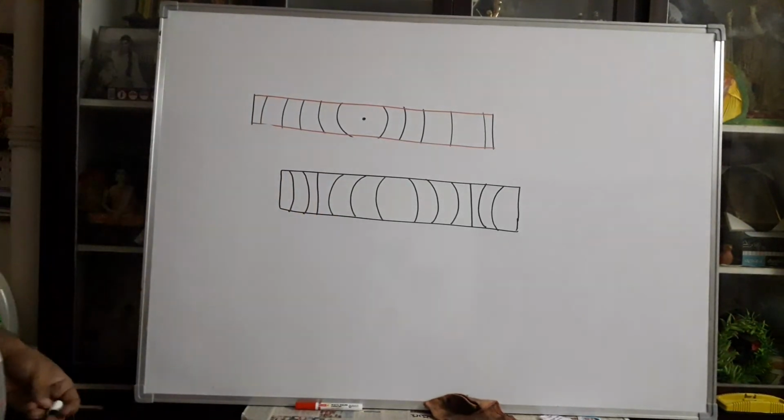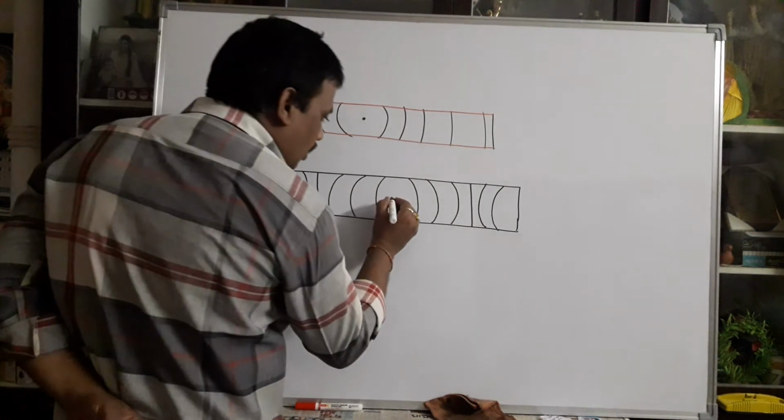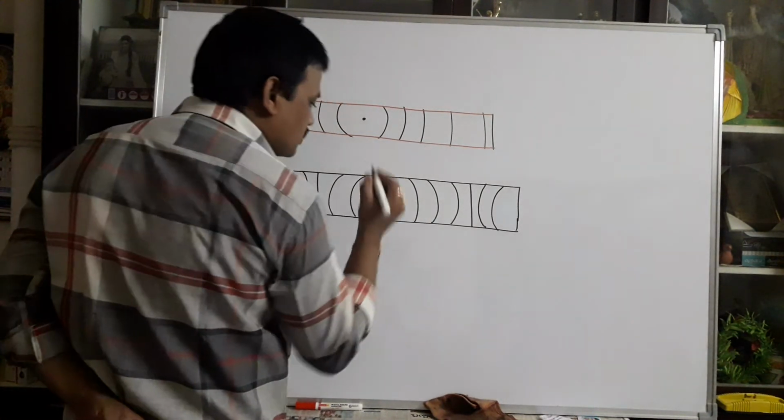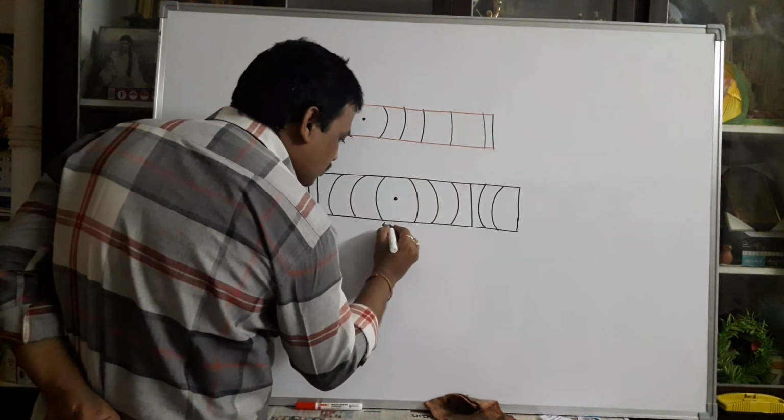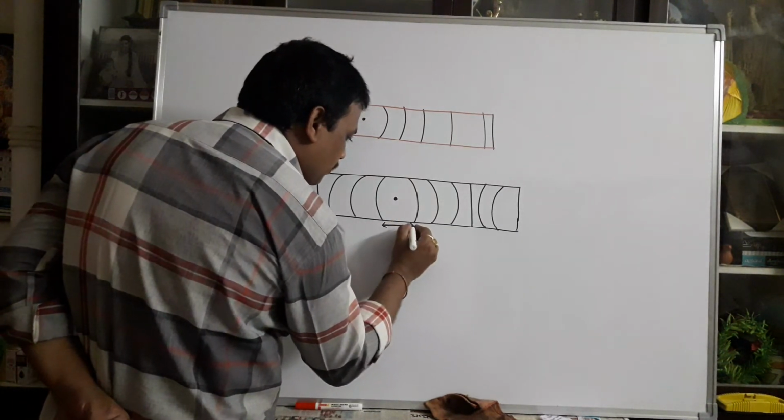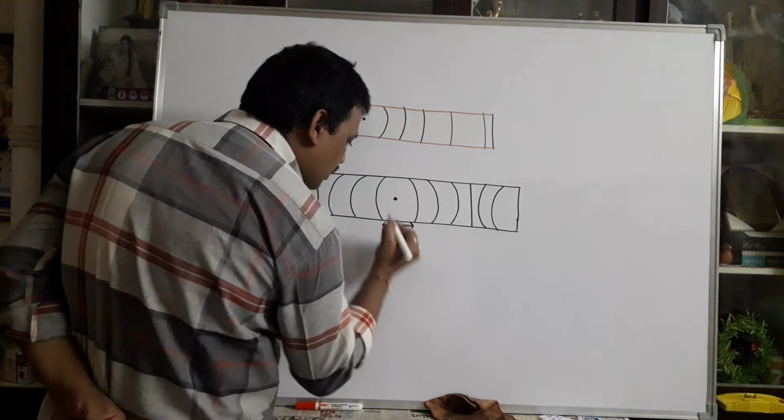This is the exact photographic plate. This is the central bright fringe. The distance between this left and right part is called the diameter D.